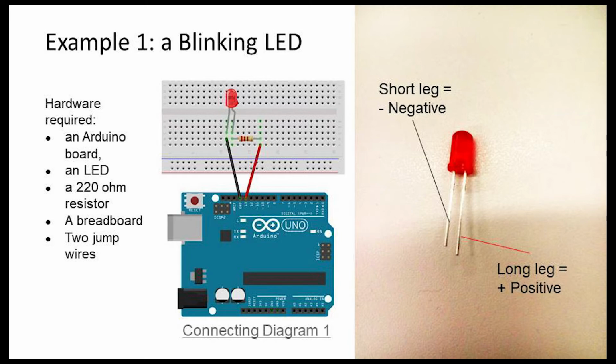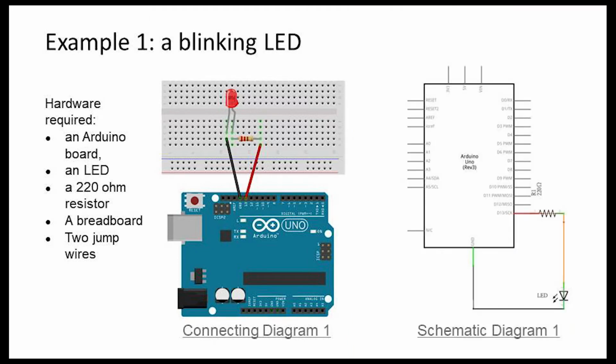To correctly connect the LED to the Arduino board, the longer leg should be connected to the positive digital port, which is digital ports 0 to 13, while the shorter leg, which is the negative, should connect to the ground port on the Arduino board. Note that the resistor has no directionality, meaning it can be plugged in either way, as long as it is within the circuit.